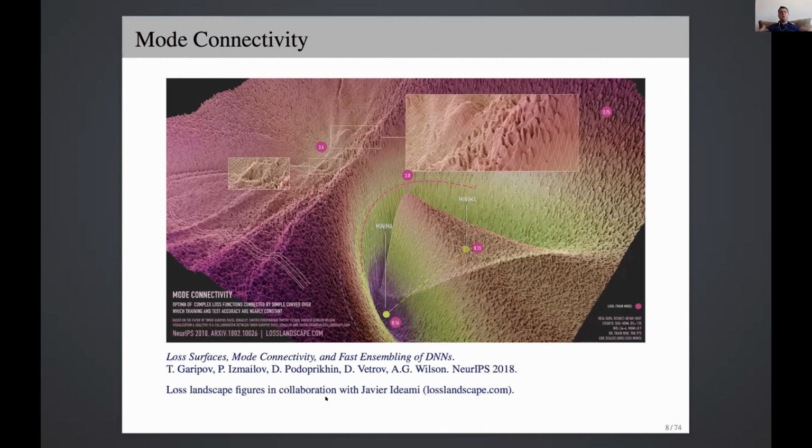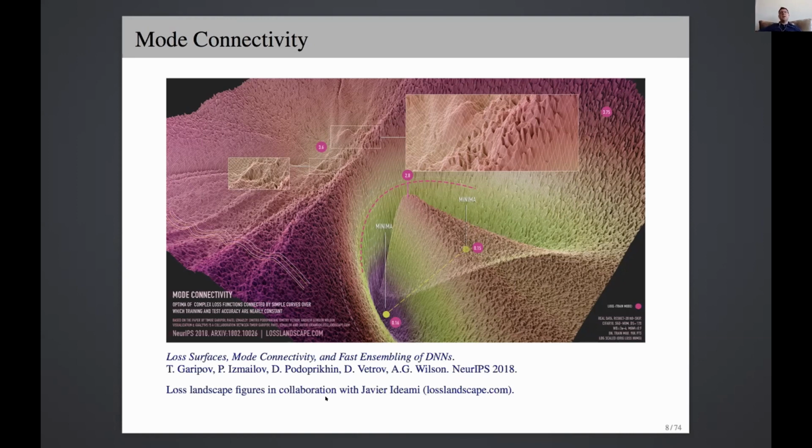The way you can discover these paths is to introduce a parametrized curve, like a polygonal chain or a quadratic Bezier curve, which has as its endpoints the two weight vectors that we found by running SGD twice independently, and then minimizing the loss uniformly in expectation over the curve in order to learn the parameters of the curve. That would be like the turning point that we use in some subspace.